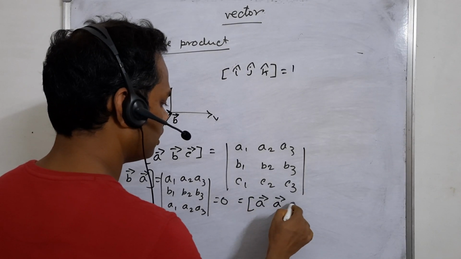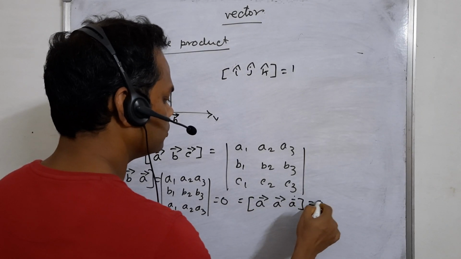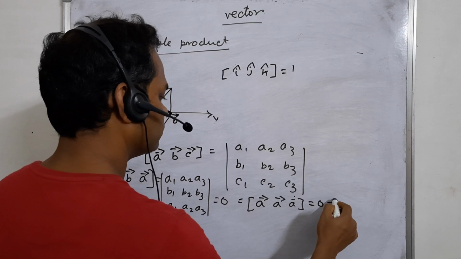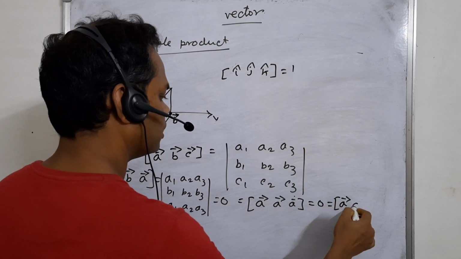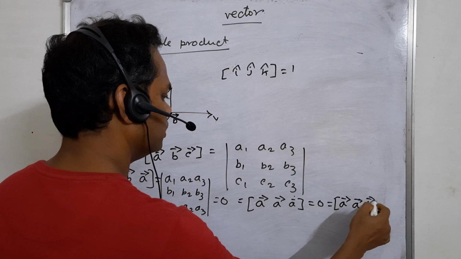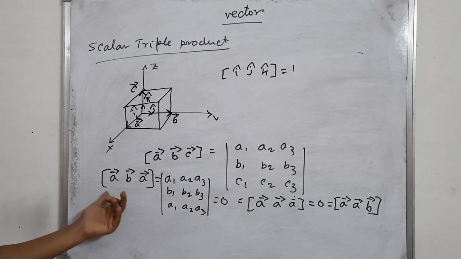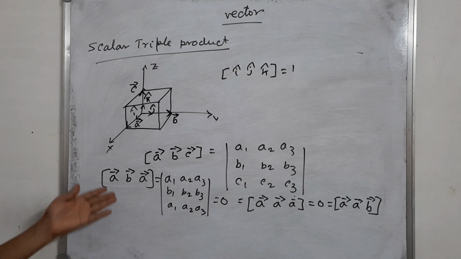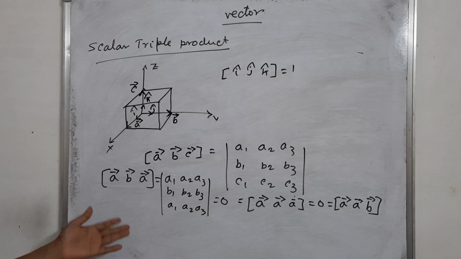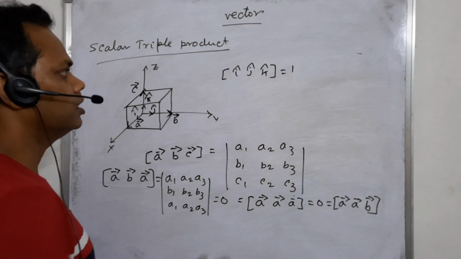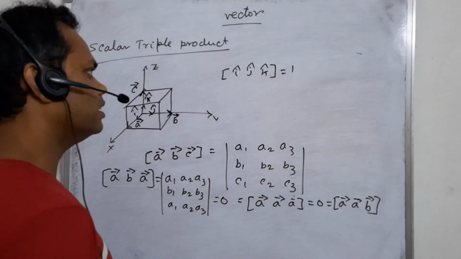That means box ABA is 0, or box AAB is 0. That means if any two of the three vectors are the same, then the value of the box product is equal to 0. Similarly, box ijk is 1. Why is ijk 1?